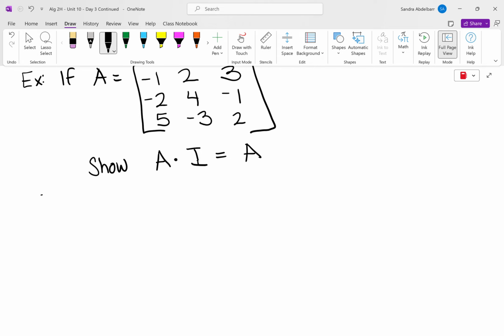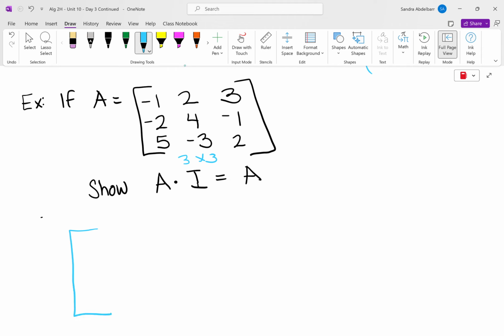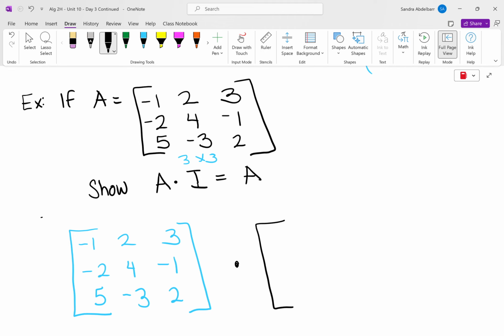Okay, so now I want to look at matrix A, and do we agree this is a 3 by 3? So I'm going to take matrix A, -1, 2, 3, -2, 4, -1, 5, -3, 2, and I'm going to multiply it times its identity matrix, which is a 3 by 3.